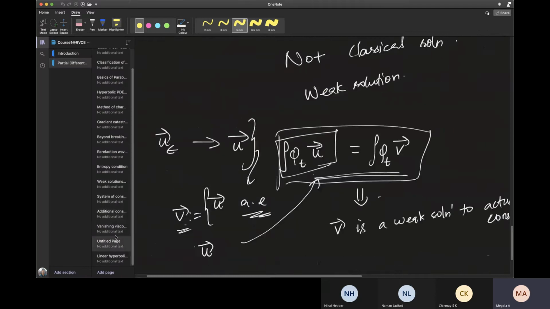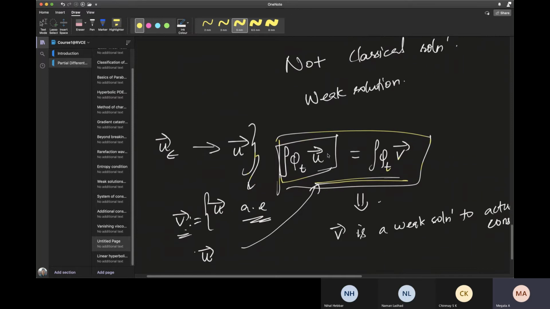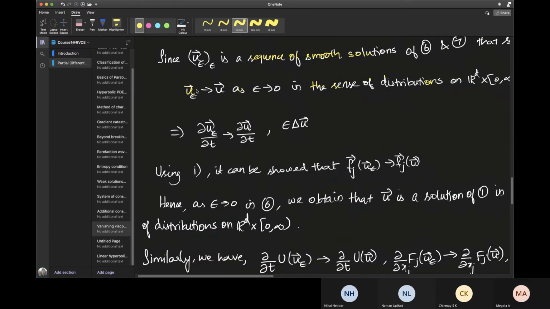I showed you previously what in the sense of distribution actually means. That is, integral phi t into u vector equals integral phi t into v vector, where v vector, I told you, is equal to u vector almost everywhere except at certain discrete points. So if u vector epsilon approaches u vector in the sense of distribution, then of course dou u vector epsilon by dou t will also approach dou u vector by dou t in the sense of distribution.